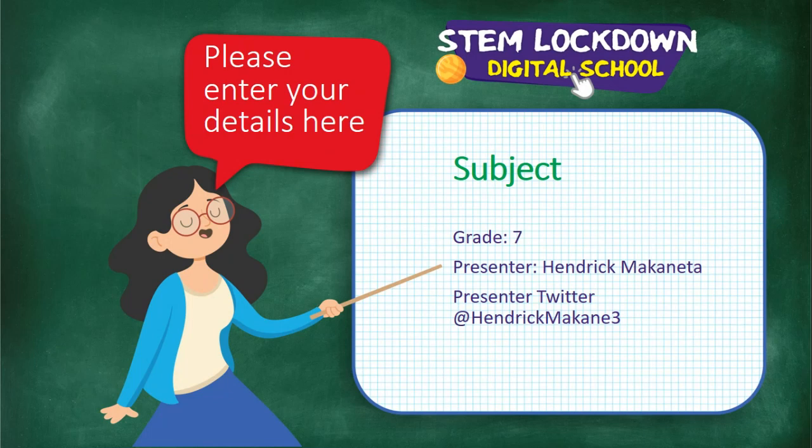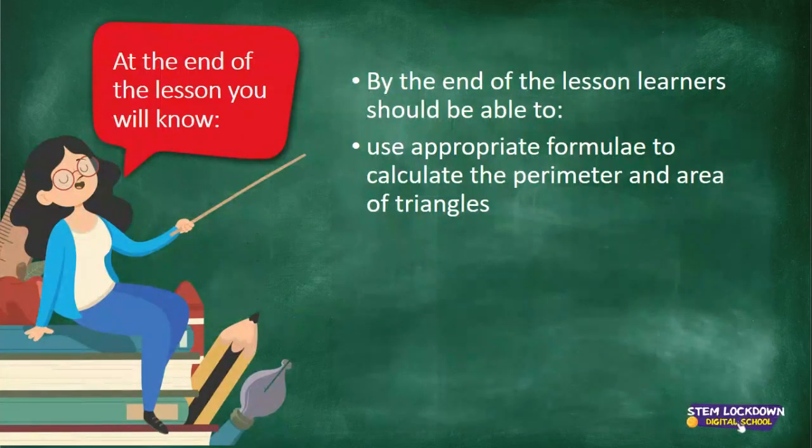And of course, the objective of this lesson at the end of this 1 hour or 45 minutes rather, we must be able to use the appropriate formulae to calculate the perimeter and the area of triangles. You will recall that we worked with the area and the perimeter of both the square and the rectangle in our previous lesson.